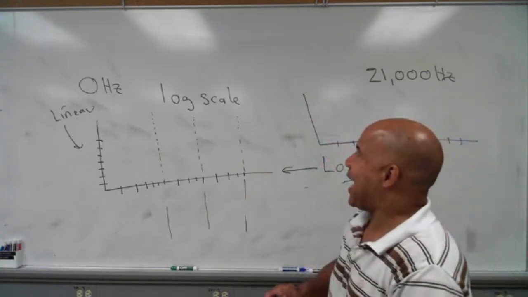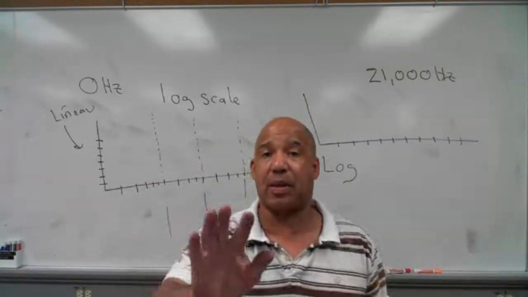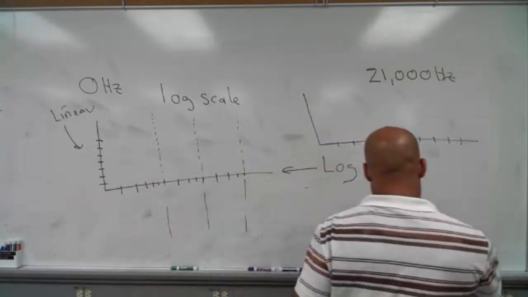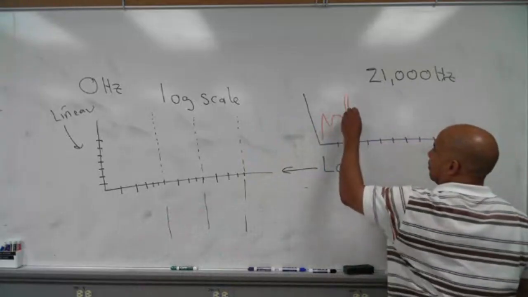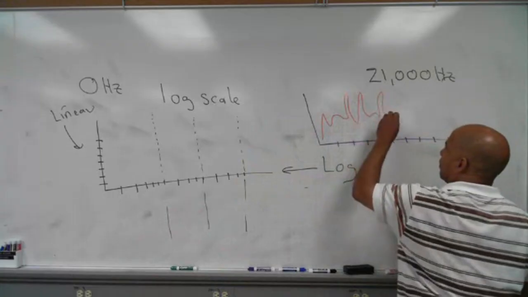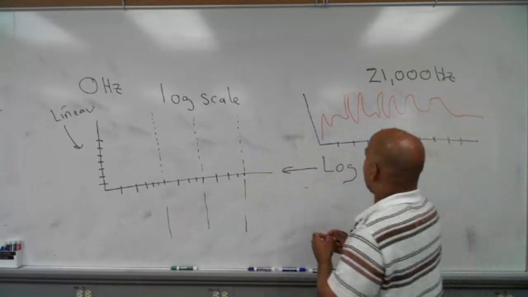Now, I could not use the semi-log paper if I had a lot of changes in my graph. Here's what I'm saying. Let's say my graph did this. Let's say my graph did that.